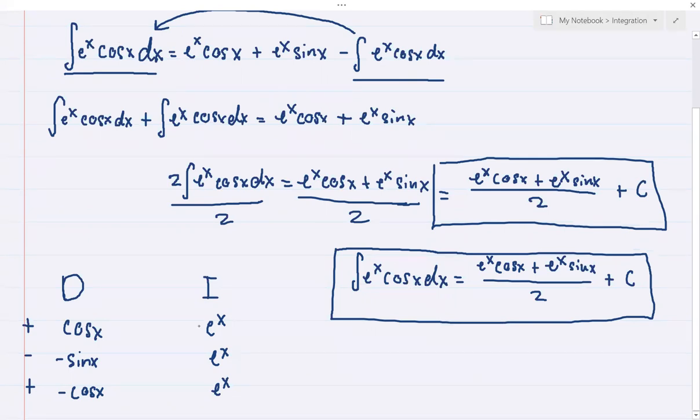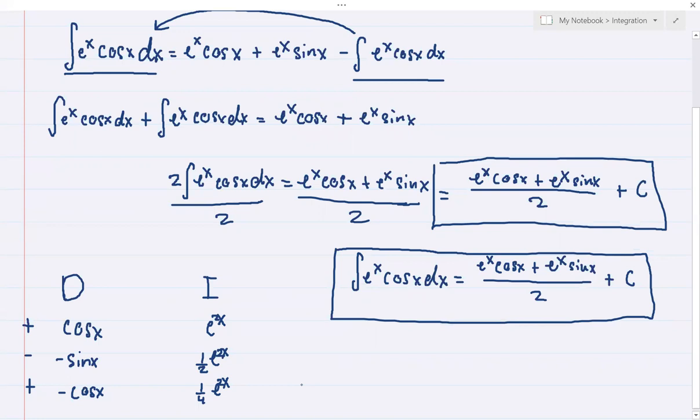For example, this is e raised to 2x. The integral of e raised to 2x is 1 half times e raised to 2x. Then the third integral, we have 1/4 times e raised to 2x. So it's okay if there is a constant as long as the functions are repeated.